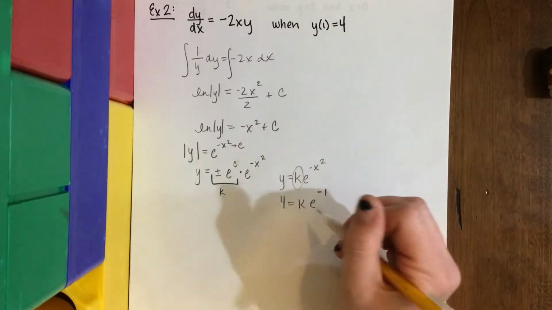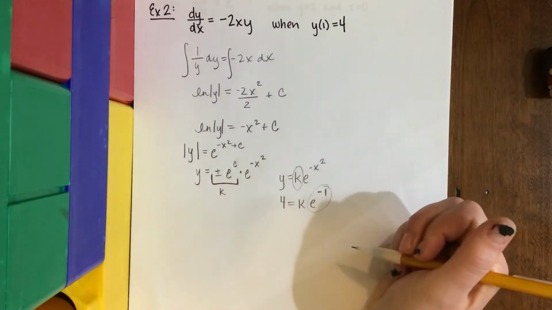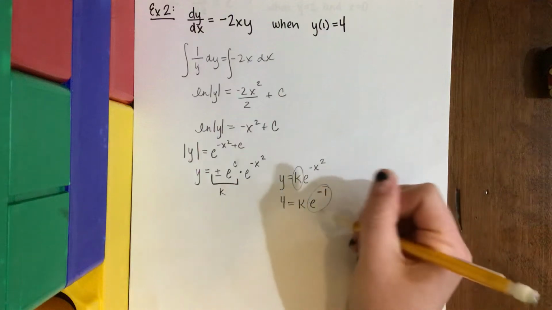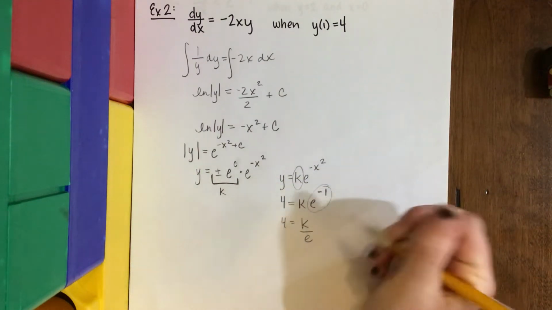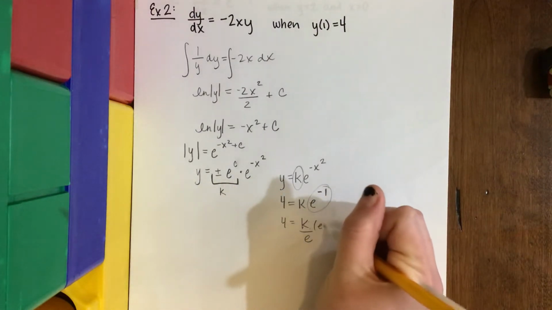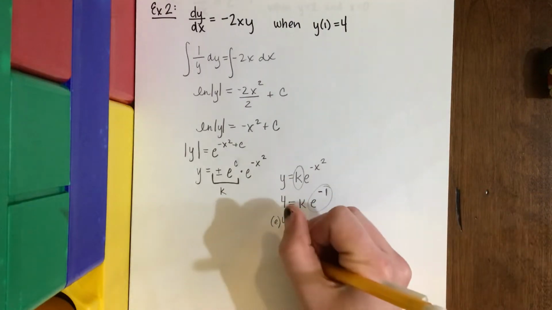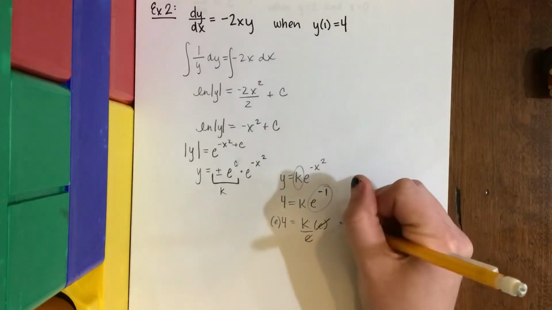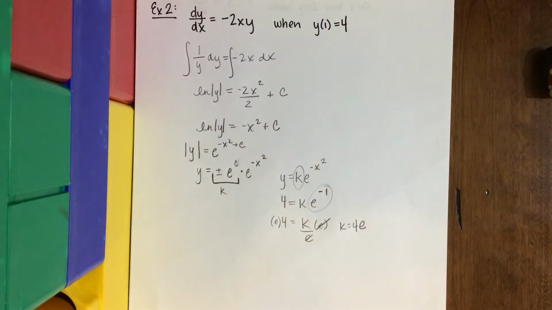So hopefully you guys know that e to the negative 1 could be rewritten as 4 equals k over e. And so if I'm trying to solve for k, now I can just go ahead and multiply both sides by e. And I'm left with the fact now that k equals 4e.